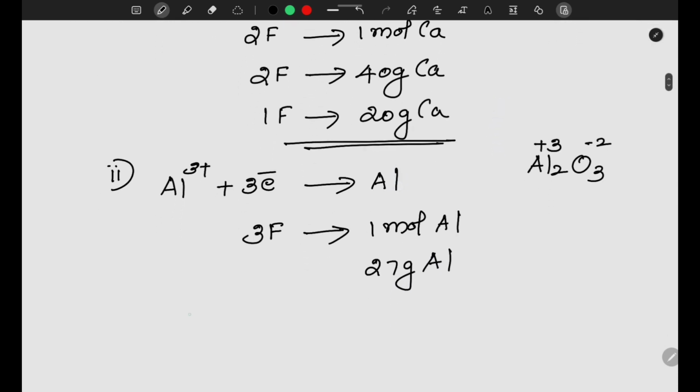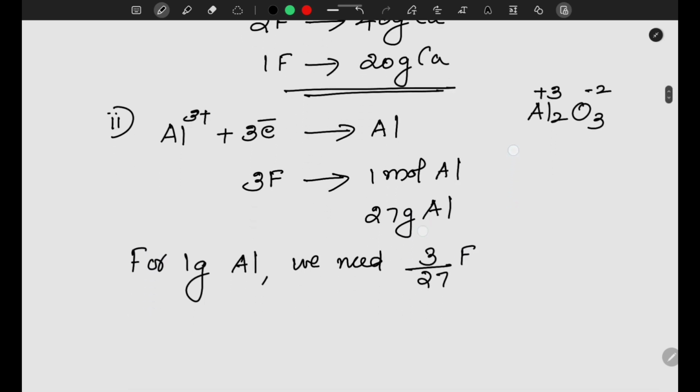So to get 1 gram aluminum, we need 3 by 27 Faraday.